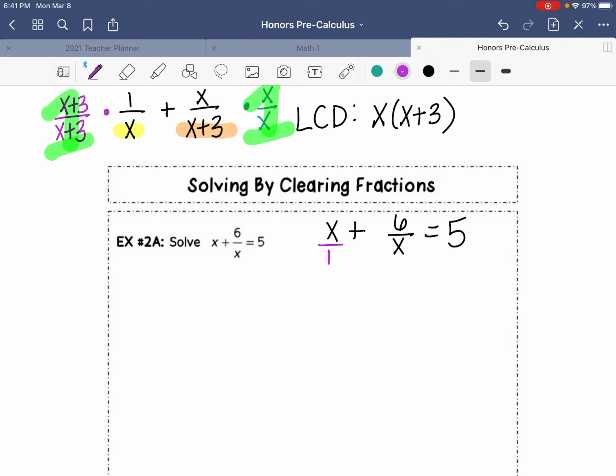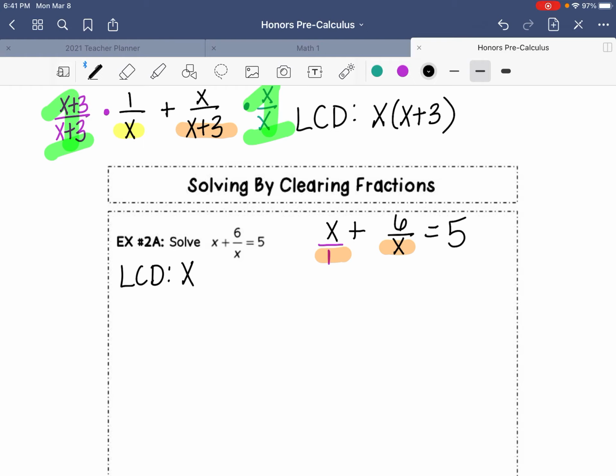In my denominator, I have a 1 and I have an x. My least common denominator here is the product of the two, x and 1. So my LCD, or least common denominator, in this problem is just going to be x.